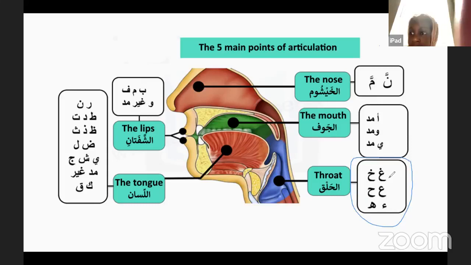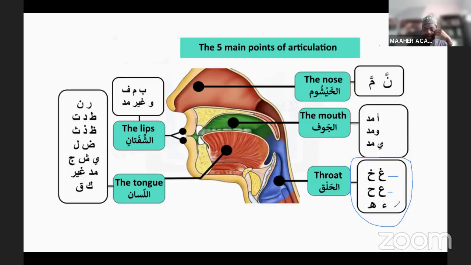So the top layer of the throat, you have the ghain, gha, gha, gha. Then kha, gha, kha, gha. Then you have ah, ha, ah, ha.